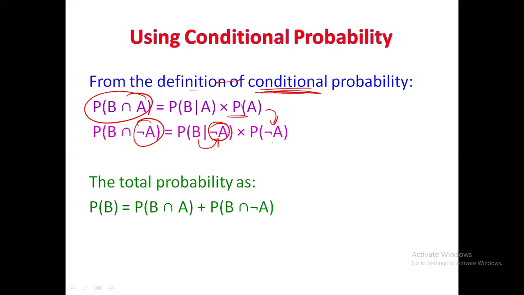So the total probability is what? The total probability is written as probability of B is equal to, if you are summing, probability of B intersection A plus probability of B intersection A bar. We have included both A and A bar, exclusive and exhaustive. So this we are calling total probability.